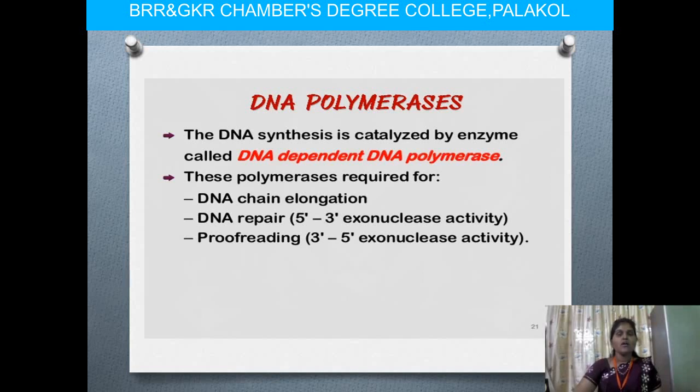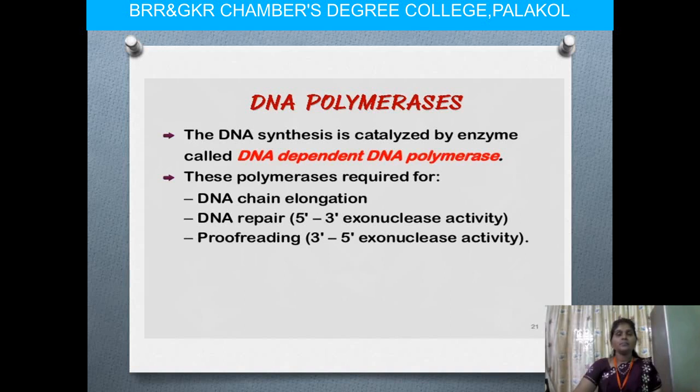That means the starting strand is called 5', so from 5' to 3', it acts as an exonuclease. It works on the outer side of the nucleus, and it is also used for proofreading.